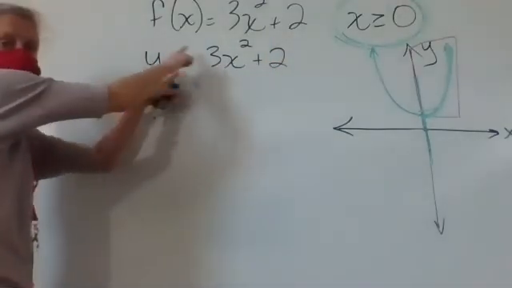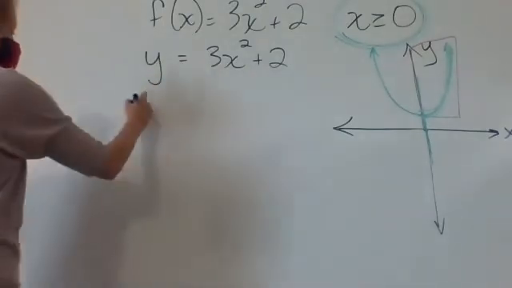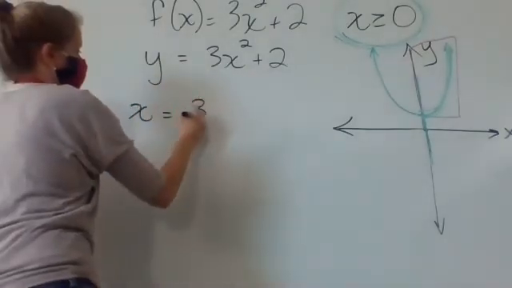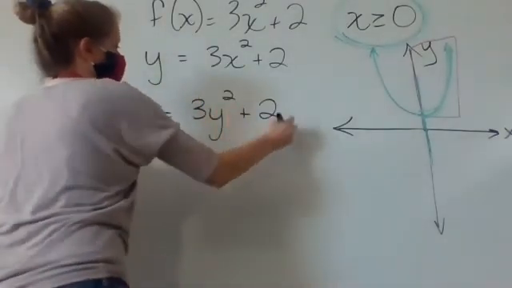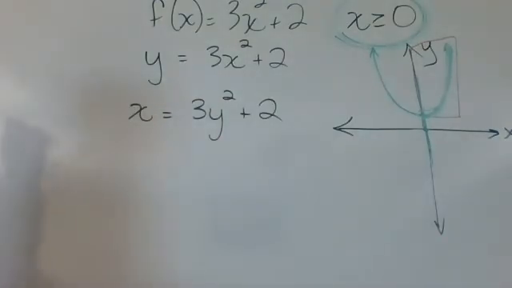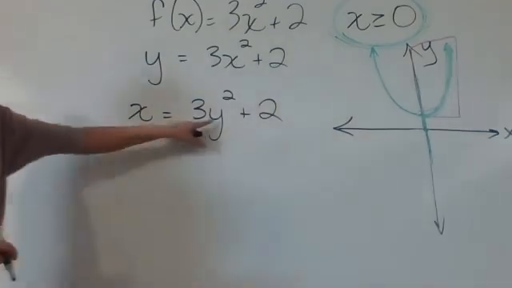Flip-flop them. So x equals 3y squared plus 2. And solve for your new y.